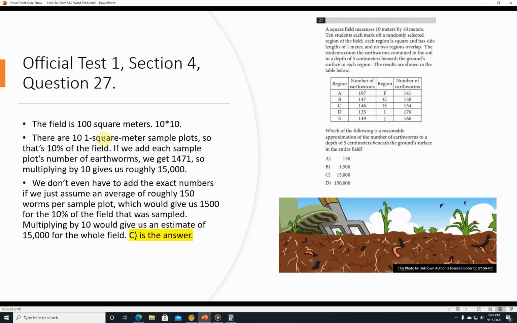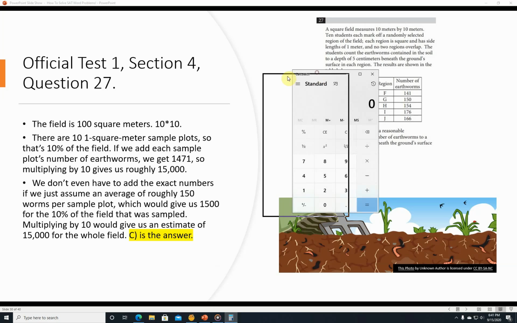So, since there are 10 1 square meter sample plots, that's 10% of the field, because we know the field is 100 square meters because it's 10 by 10. So if we add each sample plot's number of earthworms, we get 1471. And again, you don't have to believe me, I can do it right here for you.